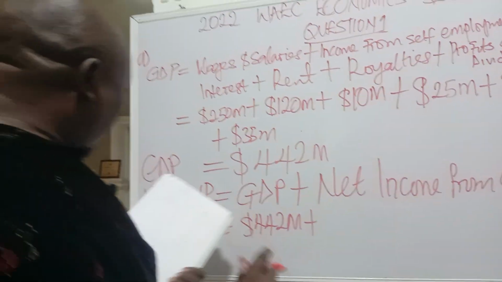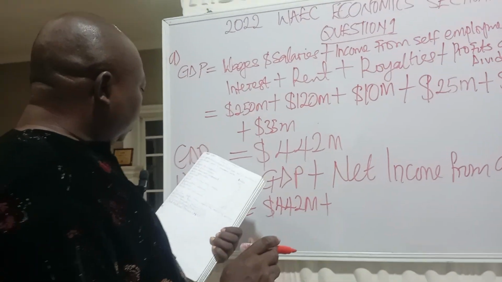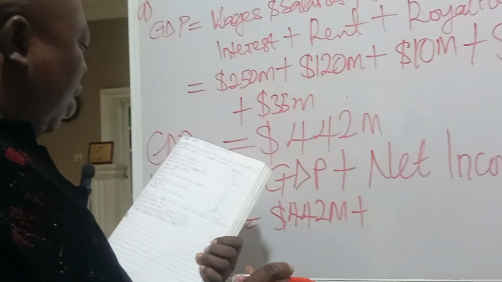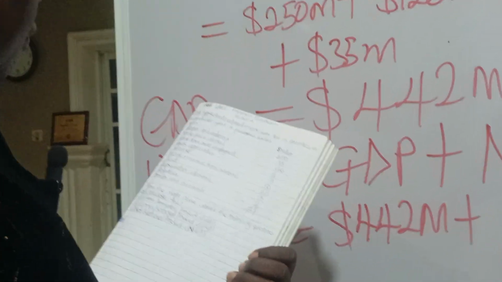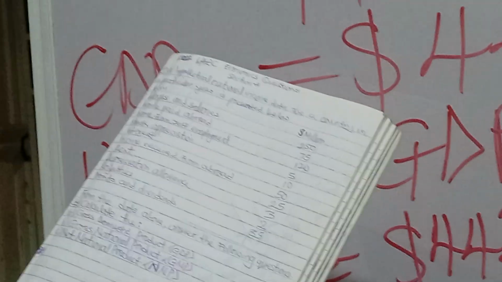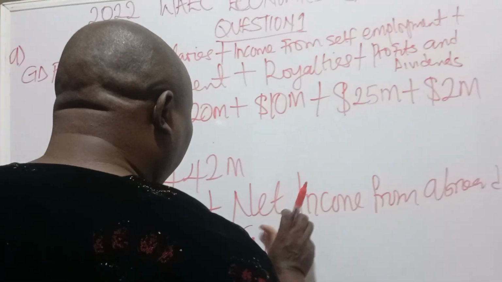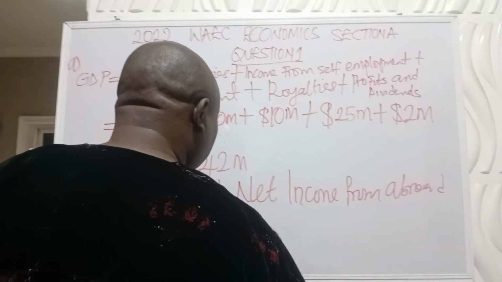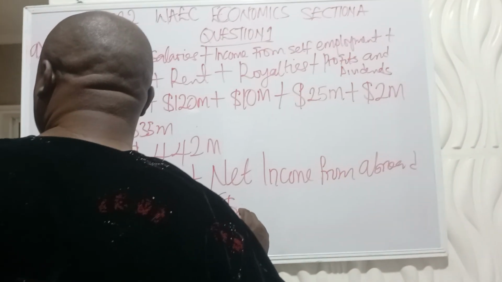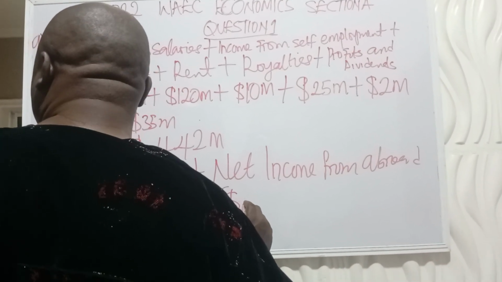How do we get net income from abroad? From the question, we are told that income paid abroad is 75. Income received from abroad, you subtract it from income paid abroad.